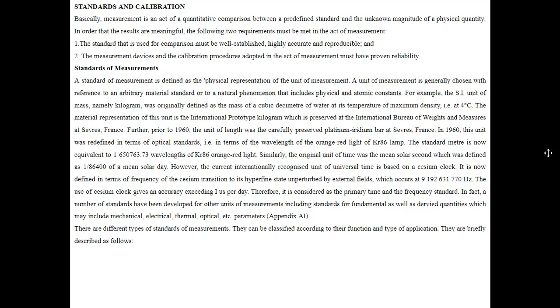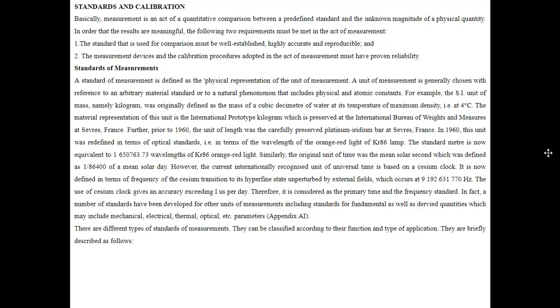It is now defined in terms of frequency of the cesium transition to its hyperfine state, unperturbed by external fields, which occurs at 9192631770 Hz. The use of cesium clock gives an accuracy exceeding 1 microsecond per day. Therefore, it is considered as the primary time and the frequency standard.